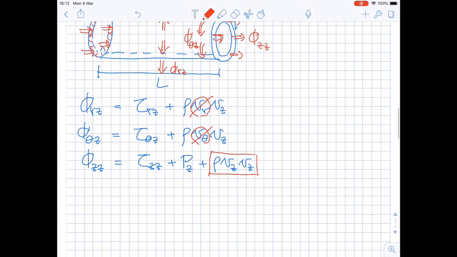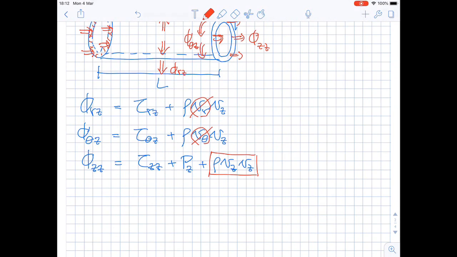So if you go back here, you see that tau Rz is not 0, making phi Rz non-zero. But tau theta z, this term is 0, making phi theta z 0.